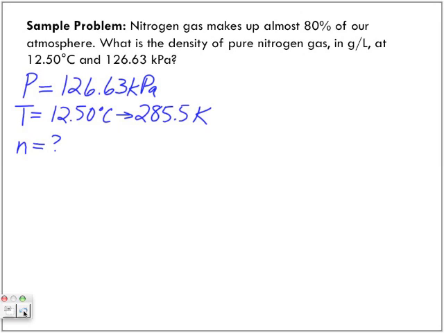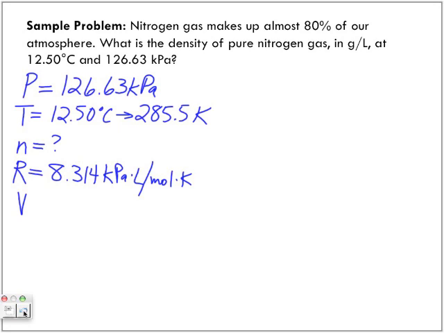We've got R, the constant, which is 8.314 kilopascals liters over moles Kelvin. And we're trying to find the volume.